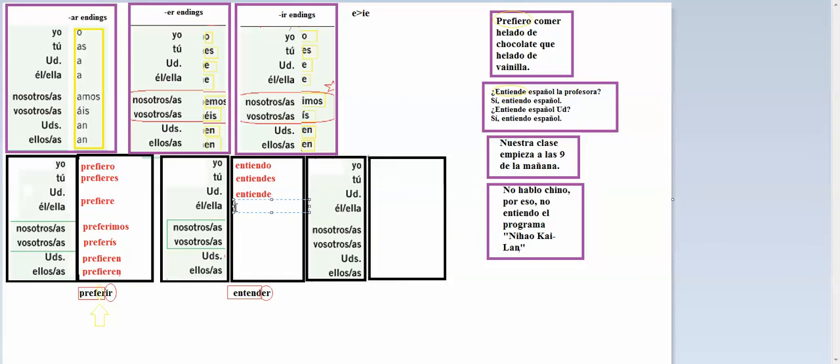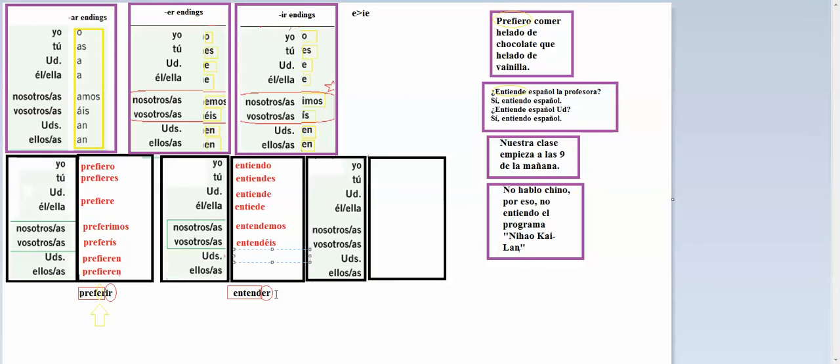For él and ella, if I want to do it again, entend, I go back, I change my E to an IE, and then for él, ella, I add an E. For nosotros, it's in the green box. So here's my stem. I'm not going to make the spelling change. I'm just going to add the ending, and this time it's an EMOS. Okay, for vosotros, it's in the green box. Here's my stem. I'm not going to go back and make any changes, and I'm going to add the EIS.